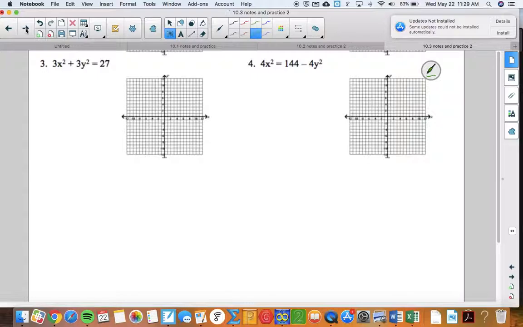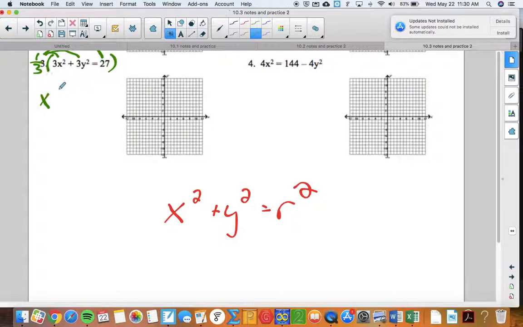Number 3. What's different about that versus our template of x squared plus y squared equals r squared? Well, all the x's and the y's each have a 3 in front of them. So what we want to do is distribute a 1/3 or divide everything by 3. Multiplying by 1/3 is the same as dividing by 3. So essentially I'm taking a third of this, a third of that, which gives me an x squared and a y squared. But to keep the equation equal, I have to do that to the right side as well.